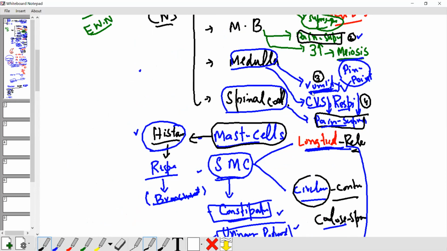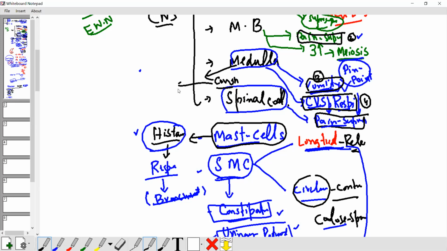In the medulla, it produces vomiting. Another medulla effect is that respiratory and CVS systems are depressed. And another important effect: if you remember, the cough center, for the cough reflex, is also in the medulla.